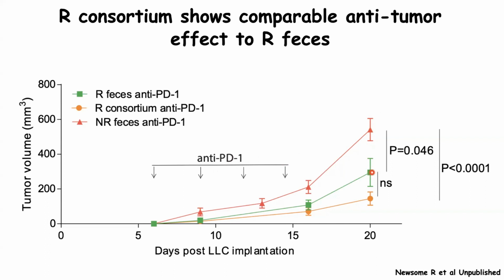I've shown you that before. But now here's our consortium, only 6 bacteria. And you see, we have decreased tumors, almost similar to the complex feces from humans. So now we have only 6 bacteria that reproduce what thousands of complex bacteria are doing, and more. There's viruses there. It's very complicated. So this is great. So we know that we have a magic potion, right?